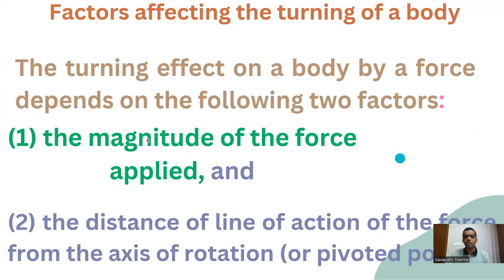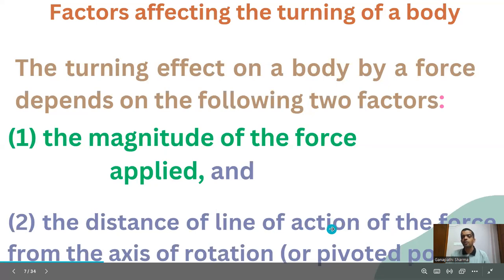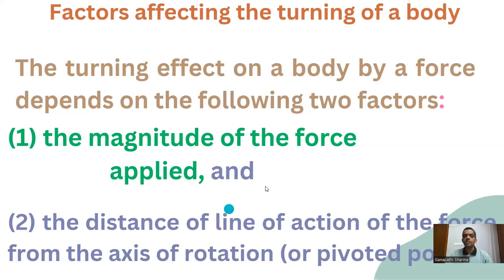Yes, let's come to the factors which are going to affect the rotation of the body. The turning effect is dependent on two factors. One, the magnitude of the force, and two, the perpendicular distance of the line of action from the axis of rotation. These are the two factors on which the turning effect is dependent.